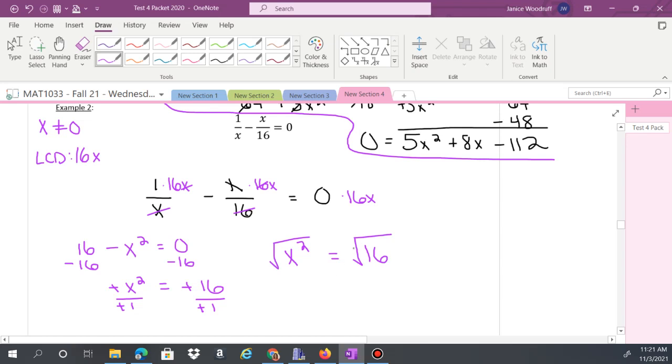And when I take the square root, I cannot forget the plus or minus. So that would give me x equals plus or minus 4. And my restriction is just 0 there, so these I can accept. So I get 4 and negative 4 for my solutions for this one.